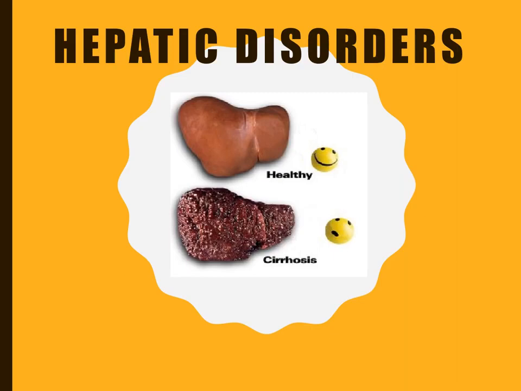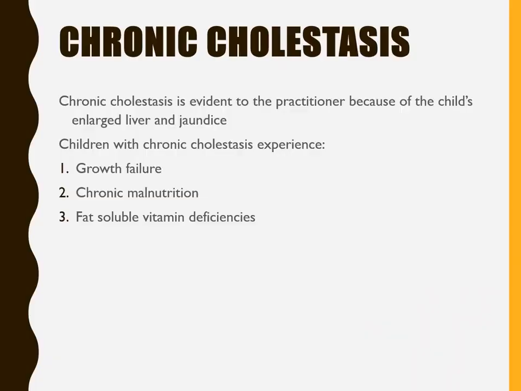Let's take a glimpse at some hepatic disorders. The presence of bile in the lumen of the intestine is of major importance for fat digestion and absorption. Chronic cholestasis, which is delayed excretion of bile salts into the intestinal lumen, could cause growth failure, chronic malnutrition, and fat-soluble vitamin deficiencies.